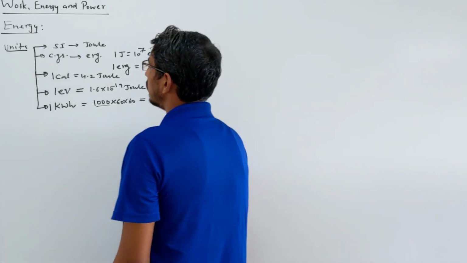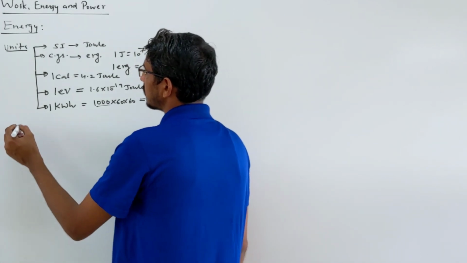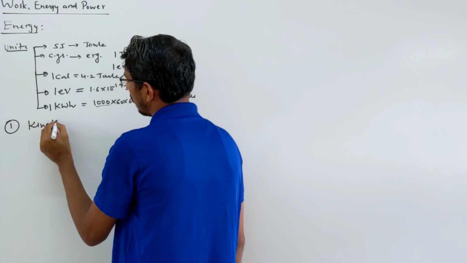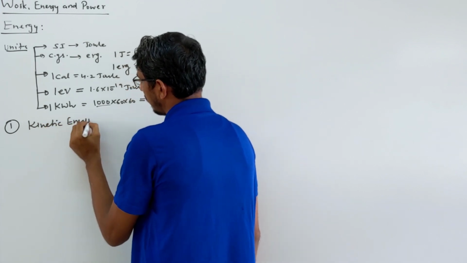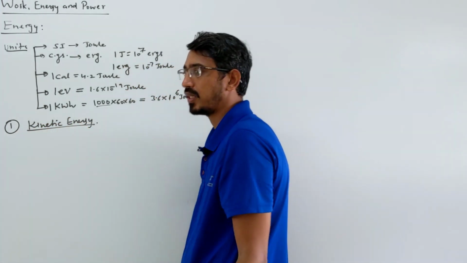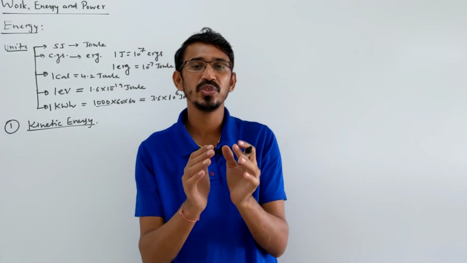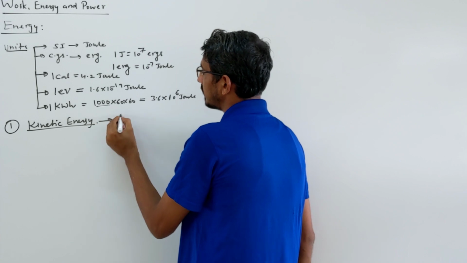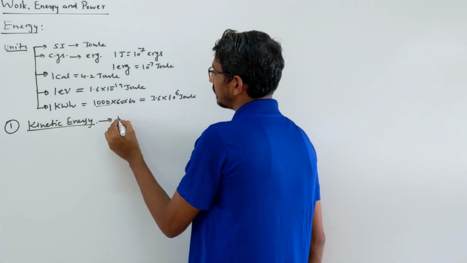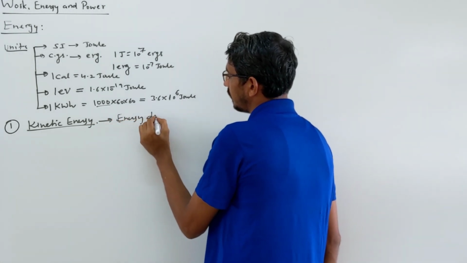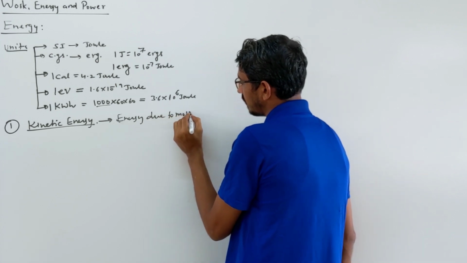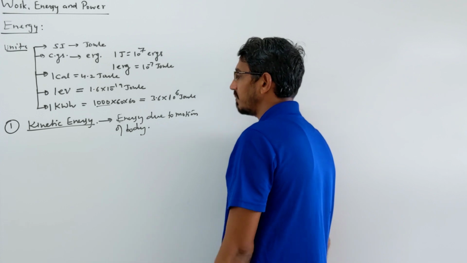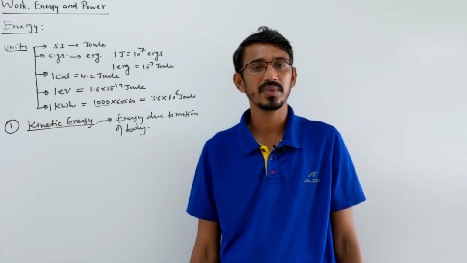Okay, so let's start about energy, and the first type we're learning is kinetic energy. Nothing to explain, everybody knows what kinetic energy is: the energy possessed due to the motion of the body. If the body is moving, it has some velocity or speed, then it will have some kinetic energy.